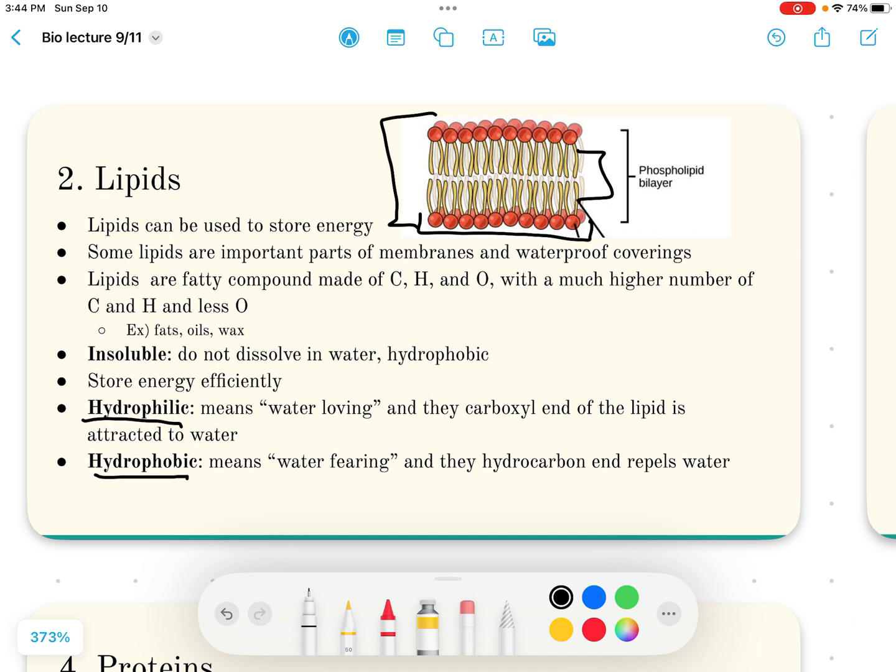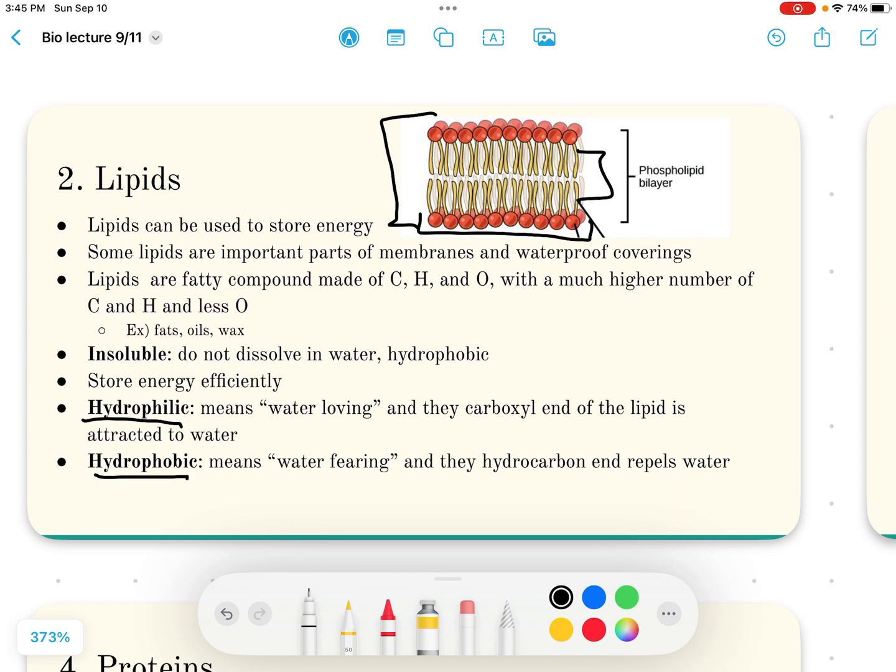So this is great for waterproofing. Water is allowed to come in and out of the cell because of the hydrophilic section, the little balls on the outside, but our hydrophobic tails on the inside keep it from staying inside for long periods of time. It allows it to move in and out.